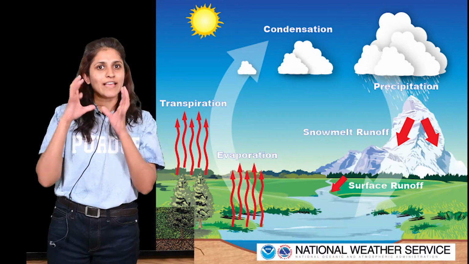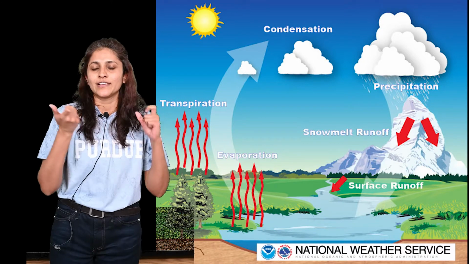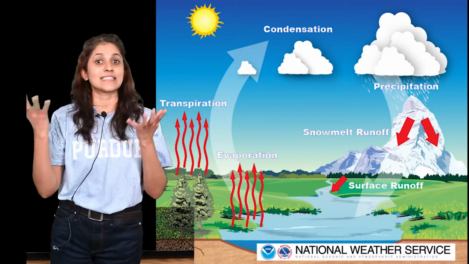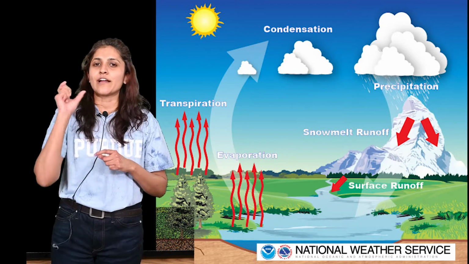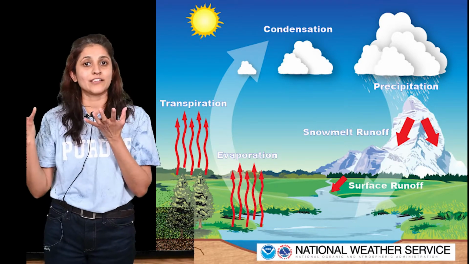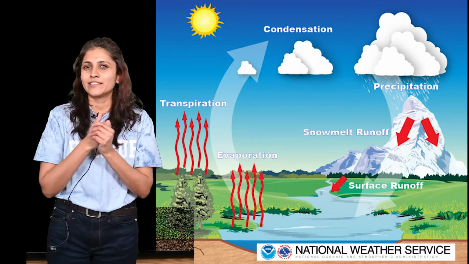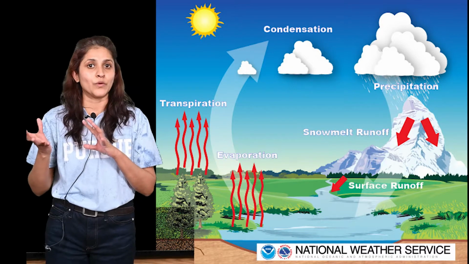So let's start the cycle from the clouds. As I said before, the clouds could be of different shapes and sizes, and that also matters for the water cycle. When the clouds get darker, bulkier and heavier, we know that it's about to rain or there might be a storm on the way.